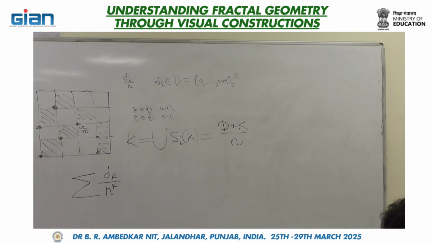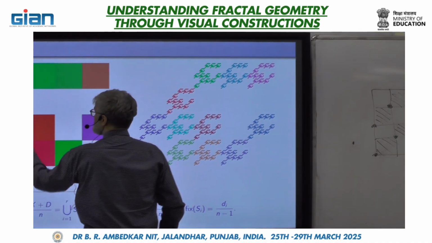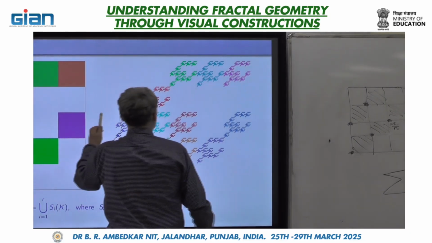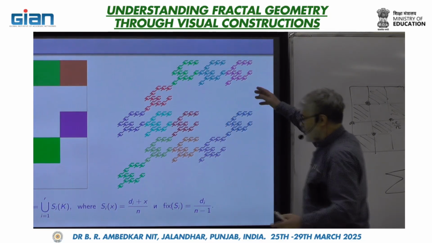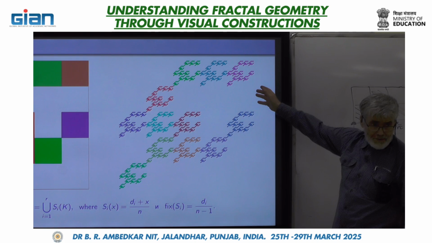So this is a typical fractal square, 5 by 5. I have a square 1 by 1. I divide it into 25 parts, and I have chosen these parts. And after constructing the system of similarities, I get this fractal square.